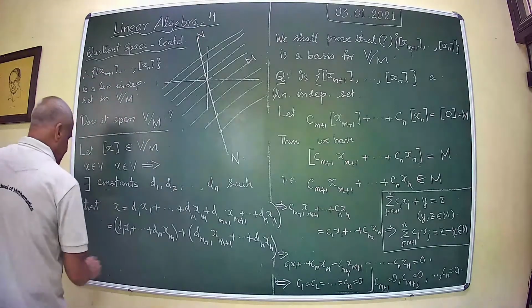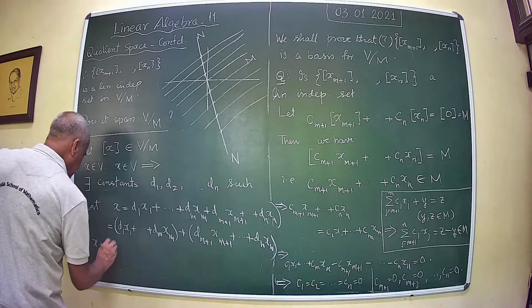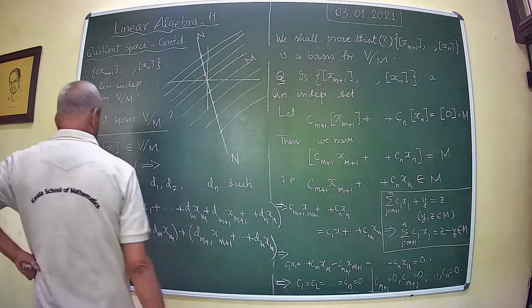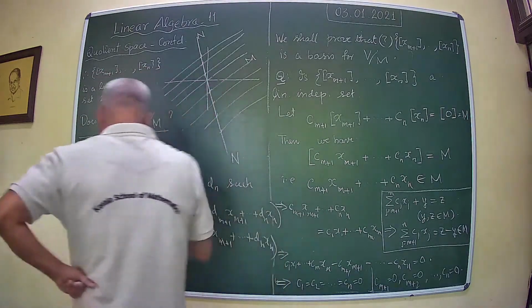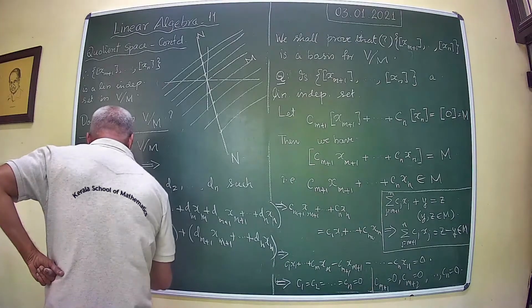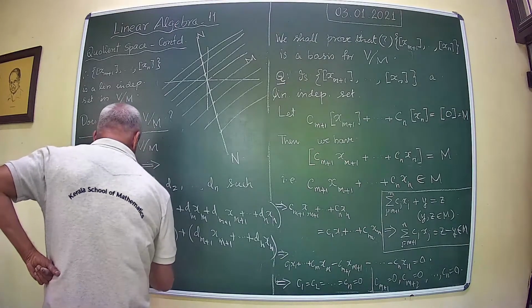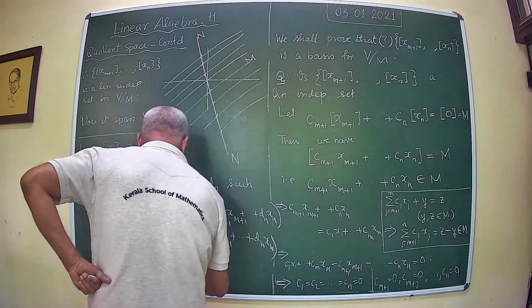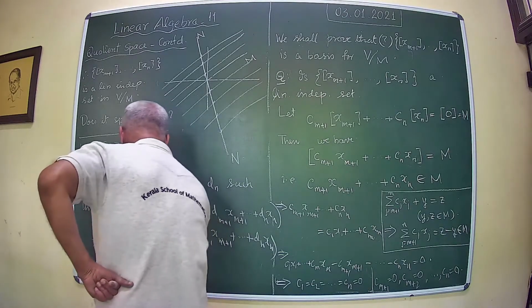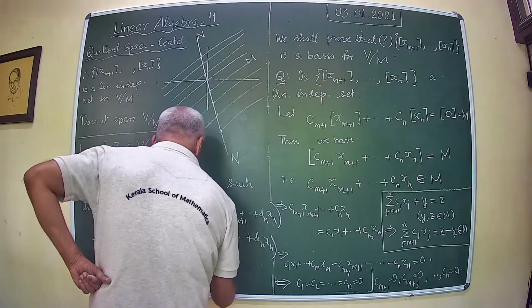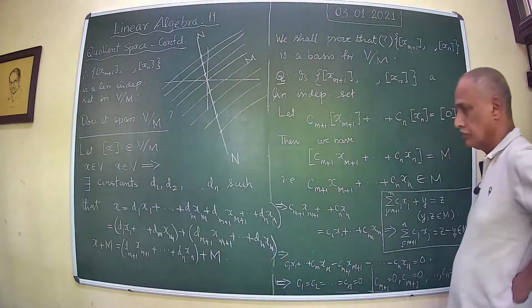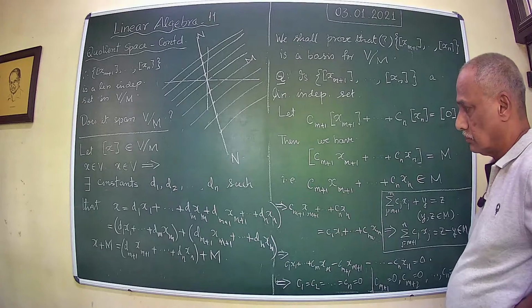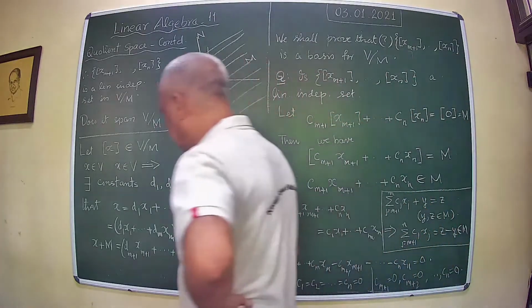Therefore, x plus M is equal to, now what we have to check possibly is this.